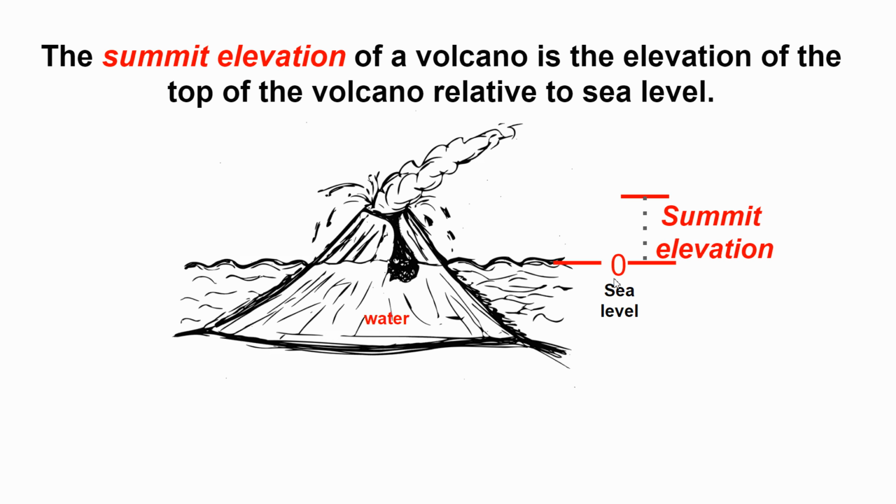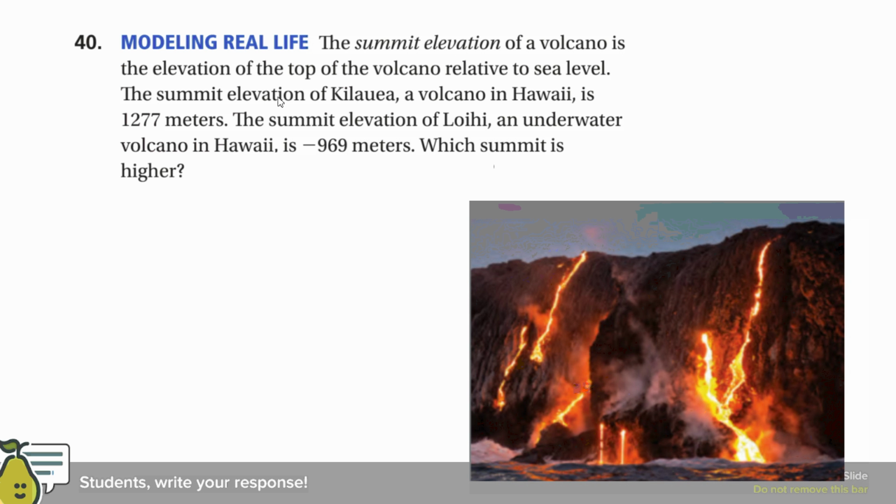Sea level is at zero, and you can go below sea level, which is negative numbers, would be how you would read that. So you'll see some questions that deal with volcanoes, such as this one. The summit elevation of a volcano is the elevation of the top of the volcano relative to sea level, as I mentioned.